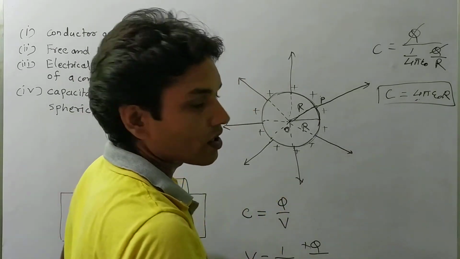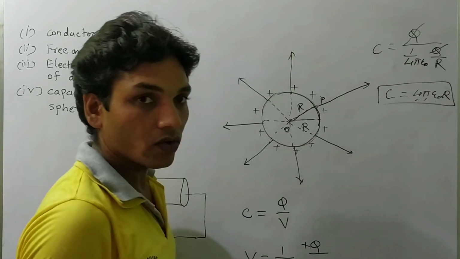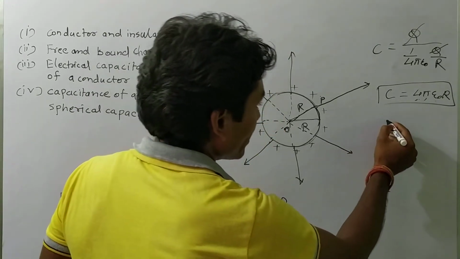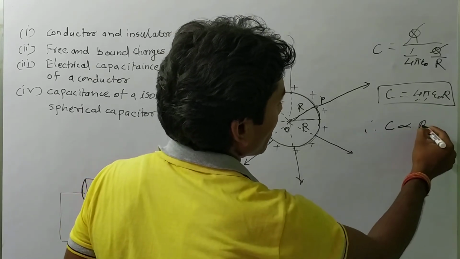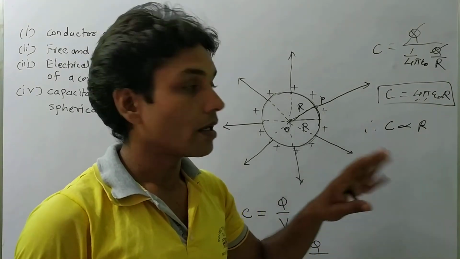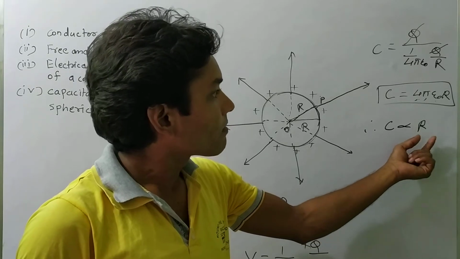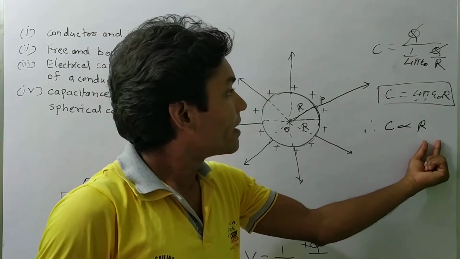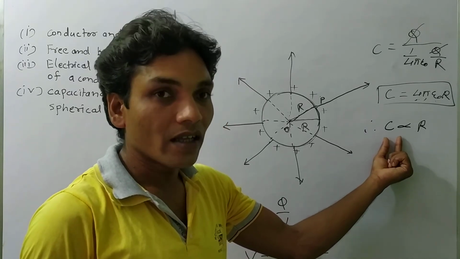4 is constant, pi is also constant, and epsilon naught is also constant. Therefore C will be directly proportional to R. What is R? R is the radius. Now if the radius of the spherical conductor is increased, the capacitance is also increased.